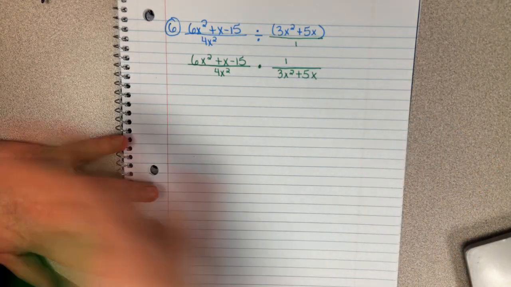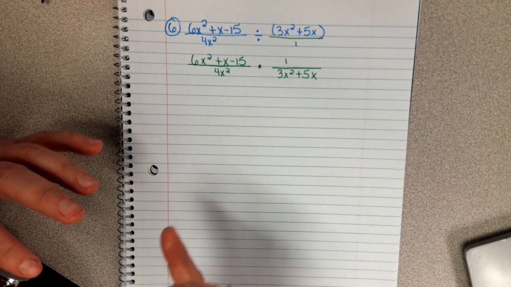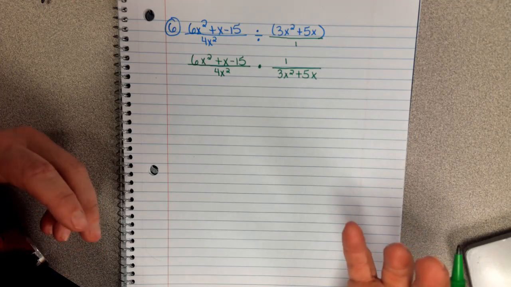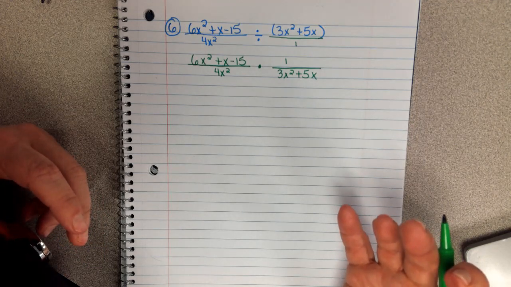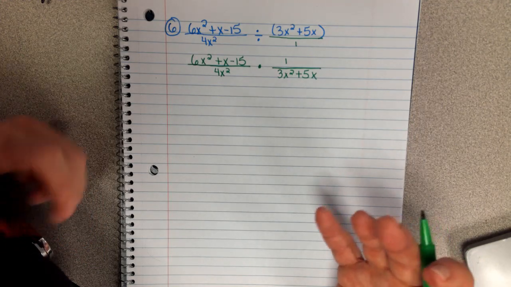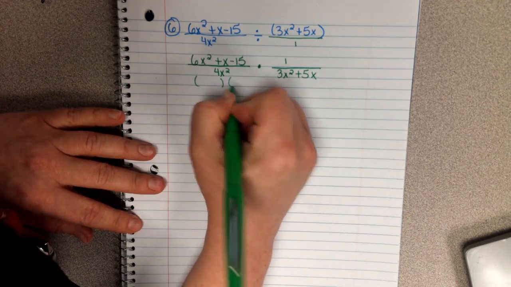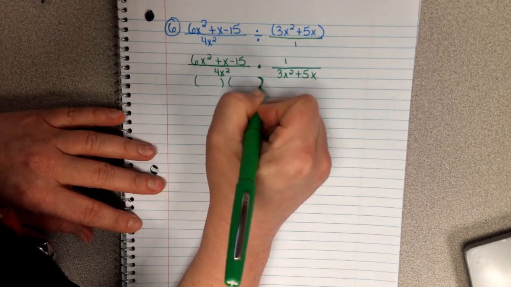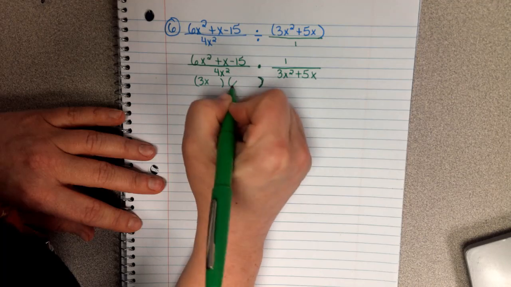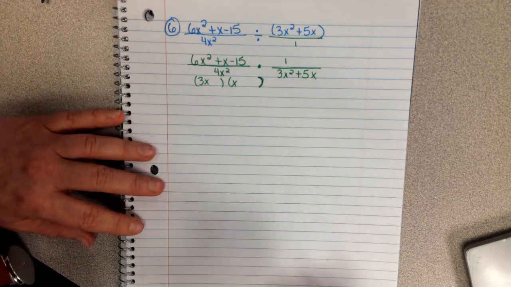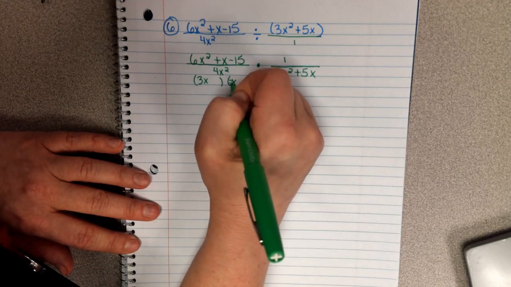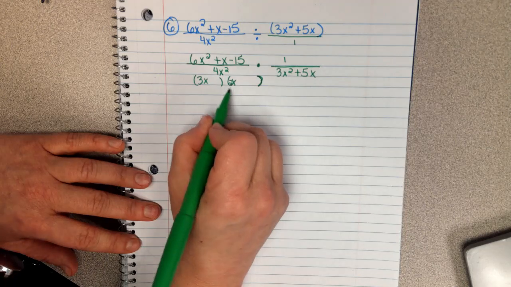Now again, before I multiply all the way through, I'm going to go ahead and factor this to see if there's anything that could simplify. So this first one, I'm thinking that's going to be 3x and 2x.